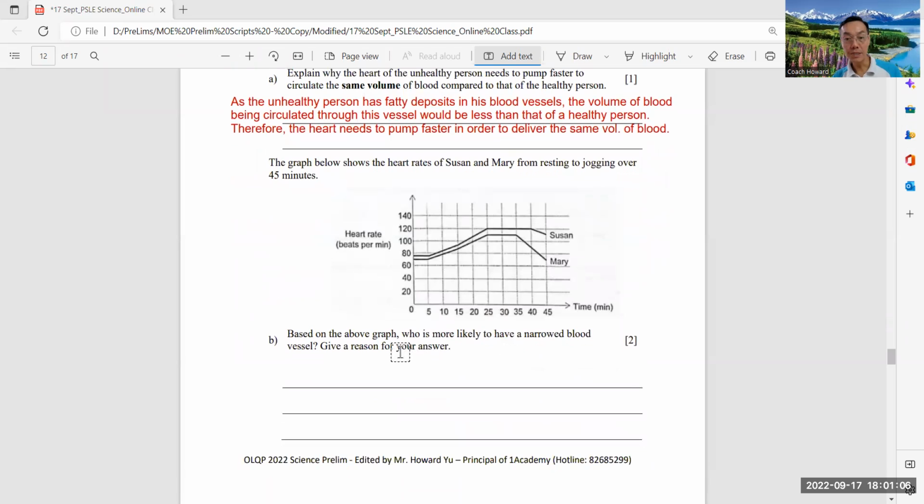Next one. Based on the graph, who is more likely to have a narrow blood vessel? Give your answer. Just now, part A already helped you. The one that has a narrow blood vessel will pump faster. So it's Susan.